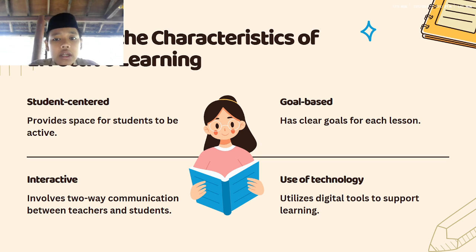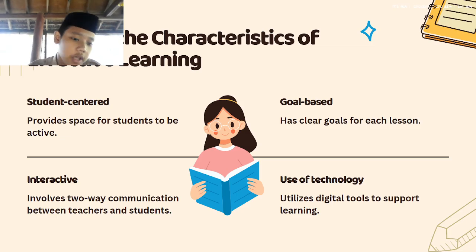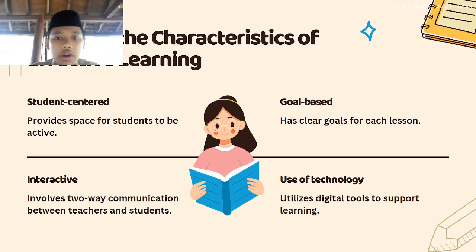And what are the characteristics of effective learning? First, it is student-centered, which means it provides space for students to be active. For example, when you teach math or science, students can ask about what they don't understand.